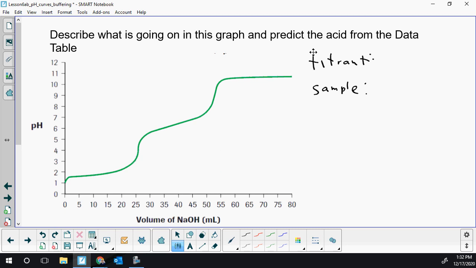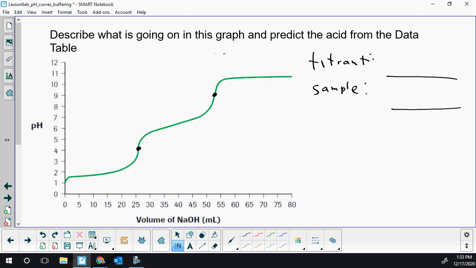So, can you figure out what the chemicals were that would give rise to this shape? Now I will highlight, we see two distinctive equivalence points. So that's a key piece of information. You also have exact labeling of where it starts and where it finishes, which gives you some key information.